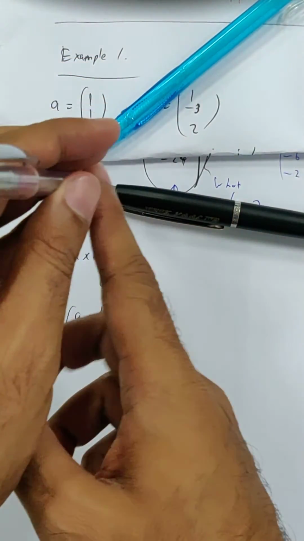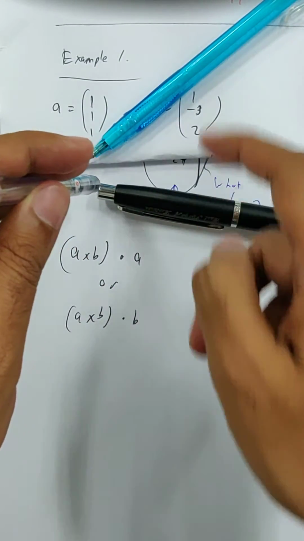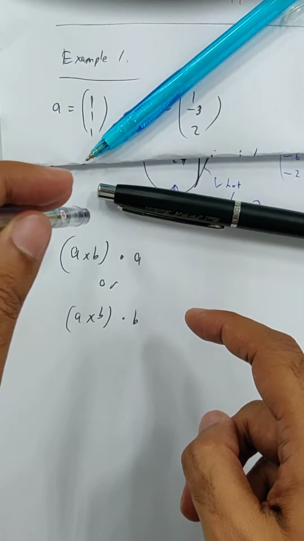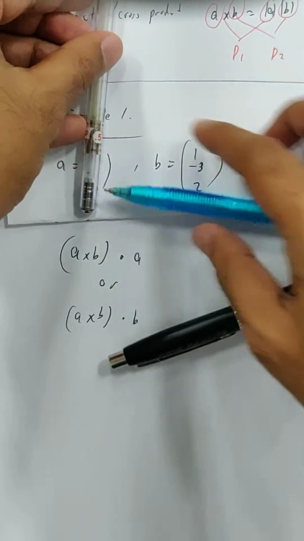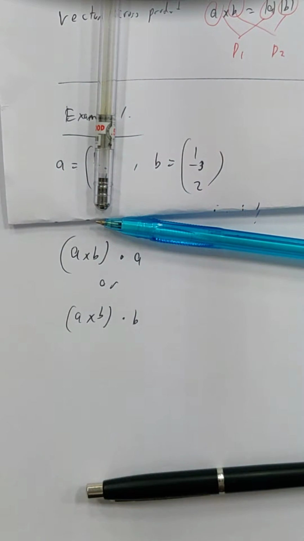Okay, normal is 90 degrees, perpendicular to A and B. So if these two I dot product, what will I get? You get 0. Why does A dot B give you 0? Because cos 90 gives you 0.